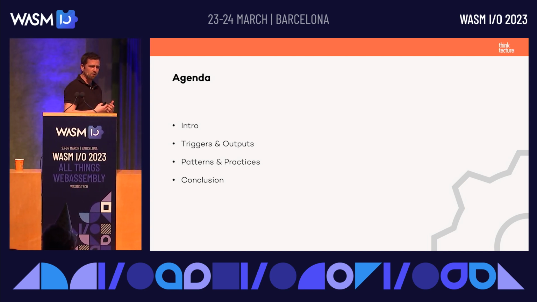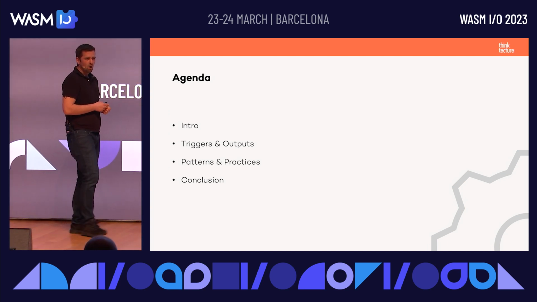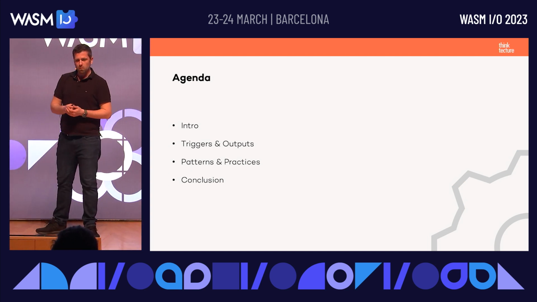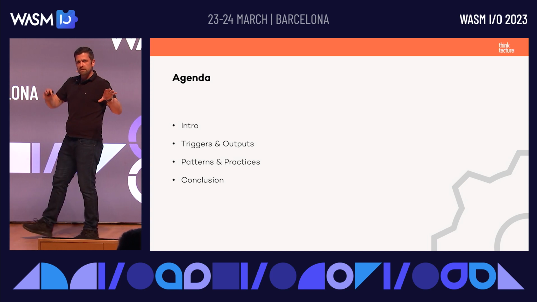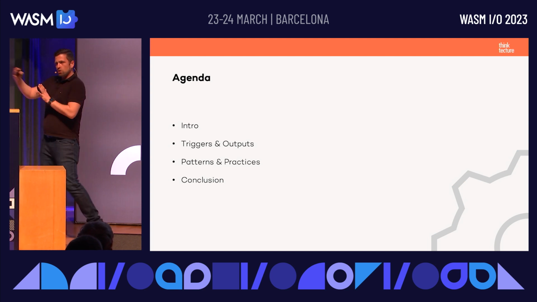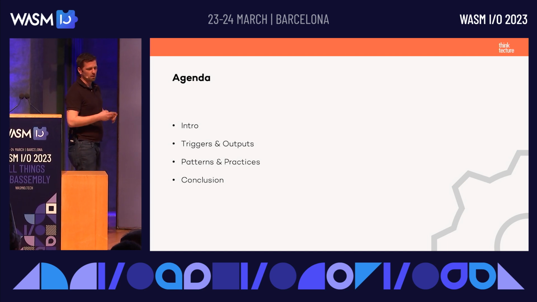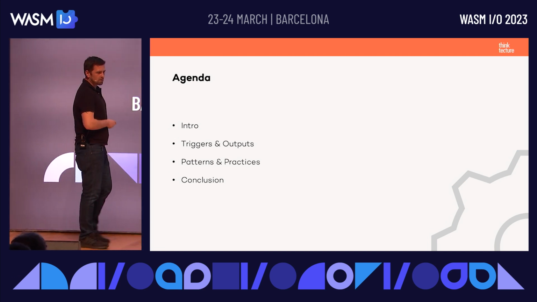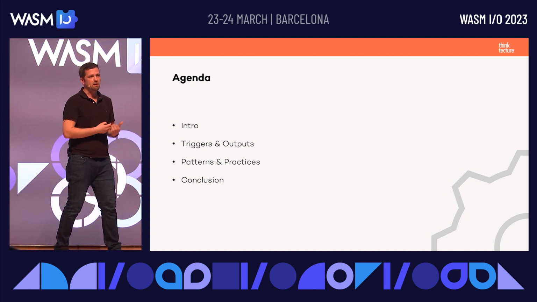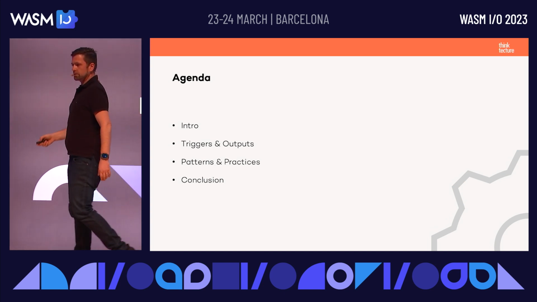And then we will cycle through some patterns and practices that I found really valuable when building distributed architectures, where we leverage both containers and WebAssembly, because that's, from our point of view, how the short and mid-term future will look for average application developers. Last but not least, we will wrap this talk up with some key takeaways in the slides that you could browse through after the conference too.